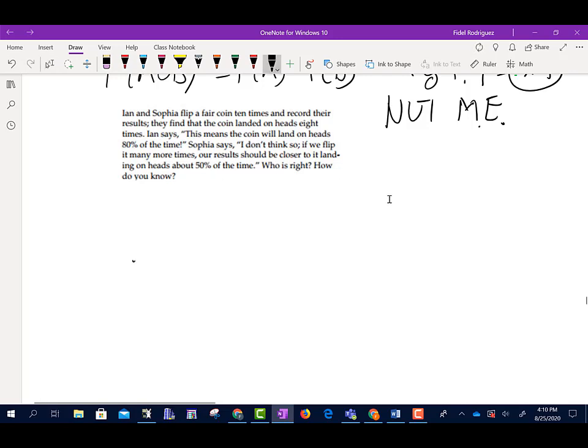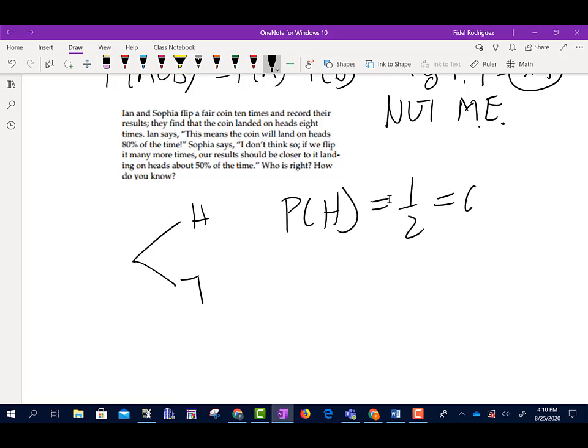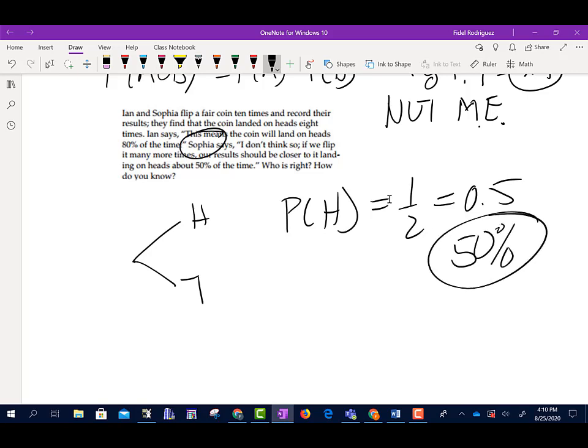So remember, when you flip a coin, it's either going to be heads or tails, right? So guys, even if out of the 10 times, 8 times it landed on heads, that doesn't mean that's always going to be the case, right? Remember, the probability of getting a heads is 1/2, 0.5, same thing as 50%. So who's right? Sophia, because that's our theoretical probability, right?